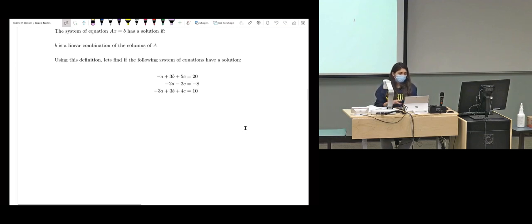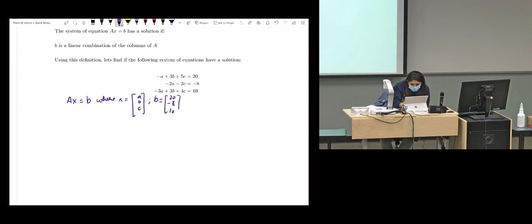Now, given this, let's try and find out if the given system of equations indeed has a solution. If you're given this system of equations, we know how to write this in the form of AX equals B, where X will be A, B, C, and then B will be 20, minus 8, and 10.